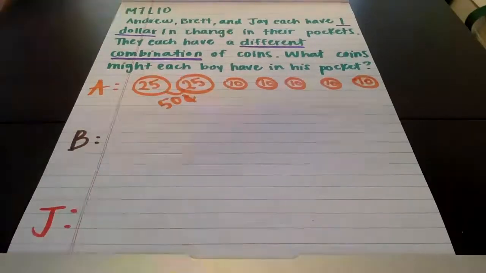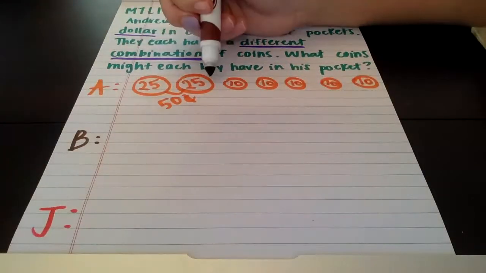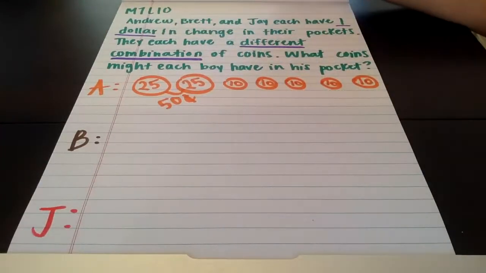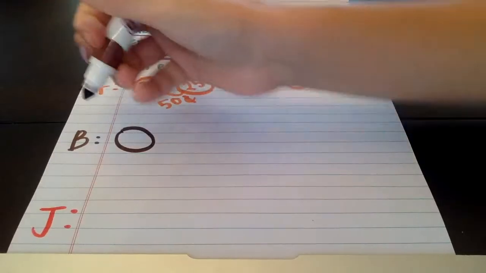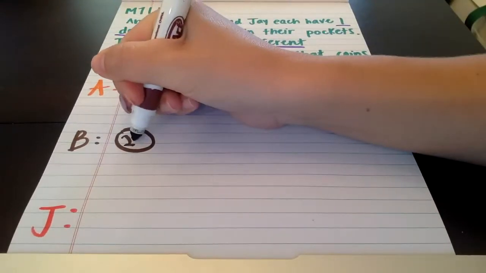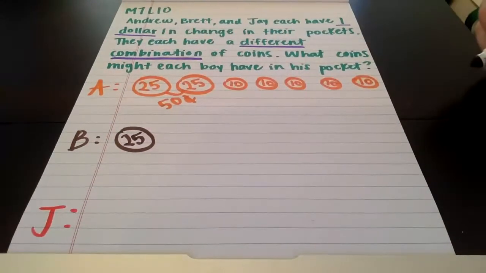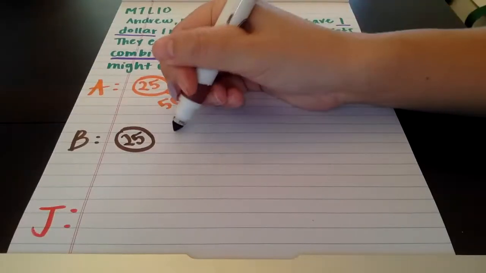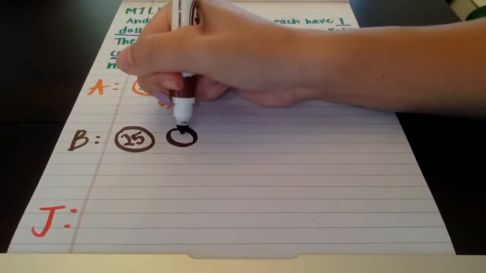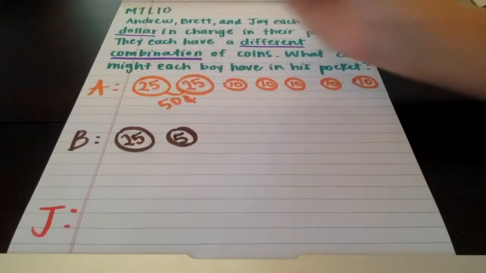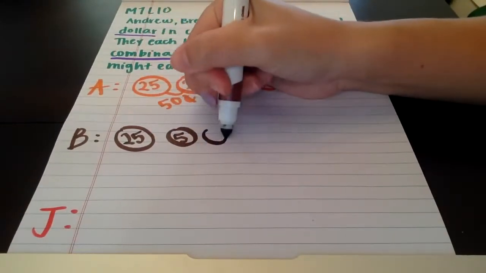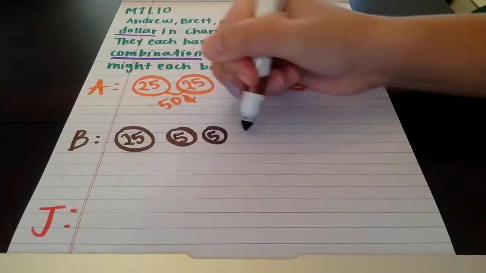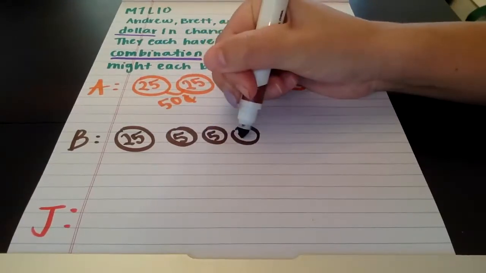Let's do Brett. Now, I can't use 2 quarters and 5 dimes, so maybe I will try using 1 quarter, which is 25 cents. Okay, and then maybe I'll do 1 nickel, which would be 5 cents. 25, 30, 35, 40.